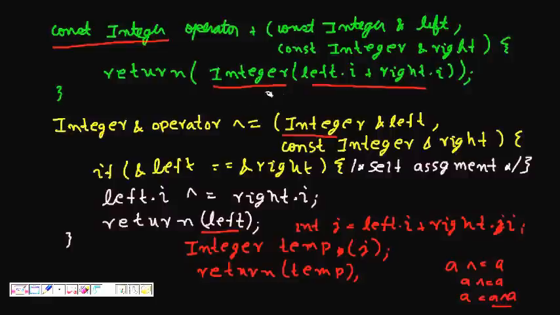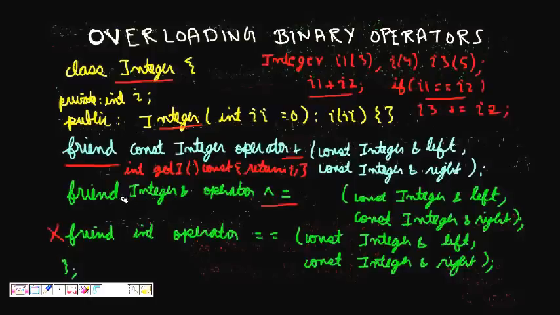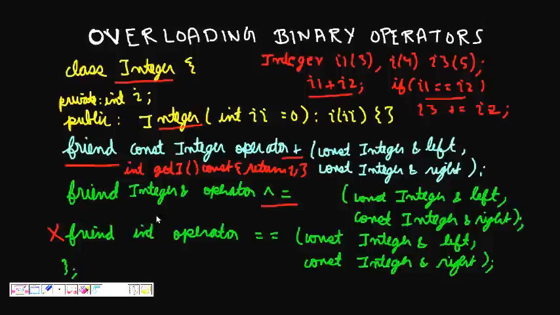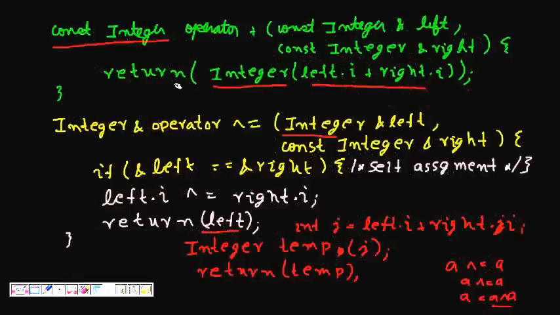Here also, is it possible that a plus b I'm doing and returning to someone else? Here also I don't need it to be a friend function, because what I can do is return an integer of left dot get I plus right dot get I, making it into a new integer. Here I'm not changing anything, so this is also fine.